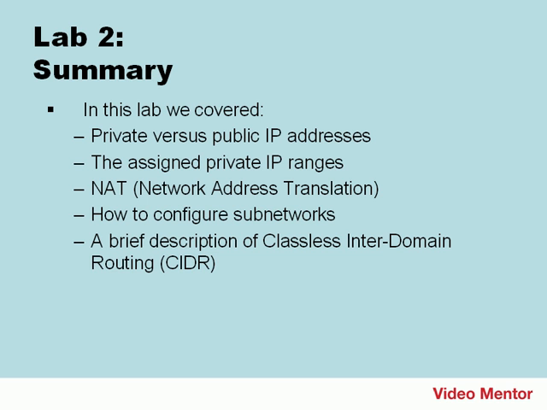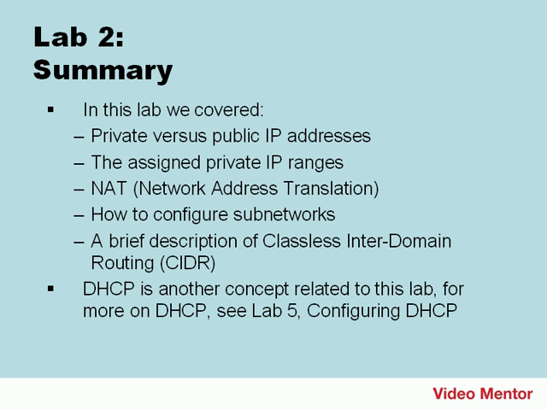Plus we went over a brief description of classless interdomain routing, or CIDR. By the way, DHCP is another concept related to this lab, and for more on DHCP, see Lab 5, Configuring DHCP. Up next is Lab 3, Protocols and Ports.